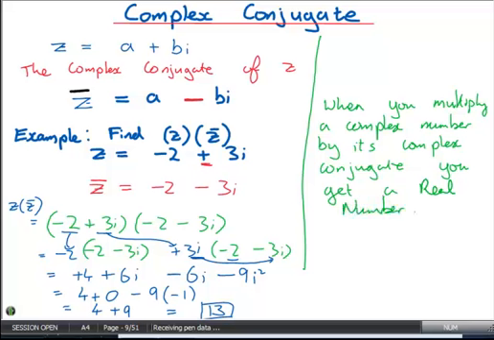What that means is you end up with a number without an imaginary part.